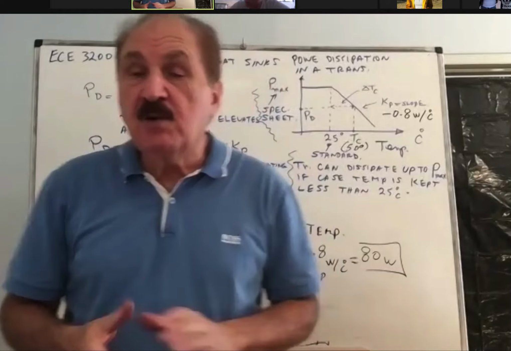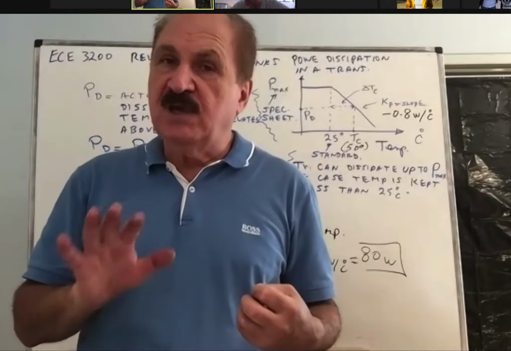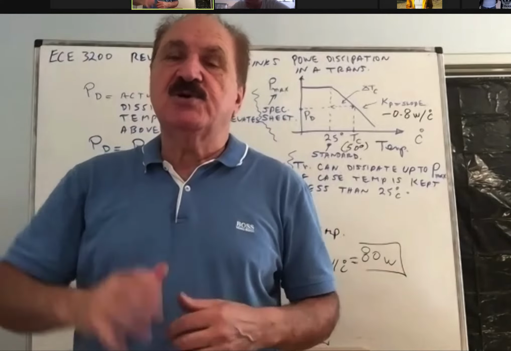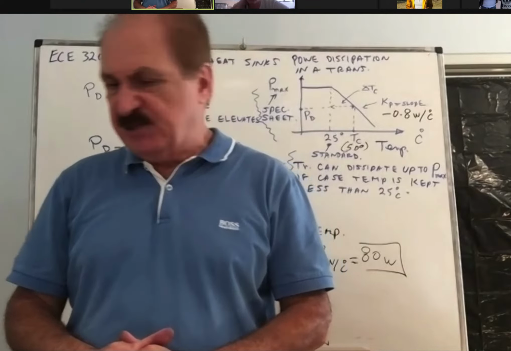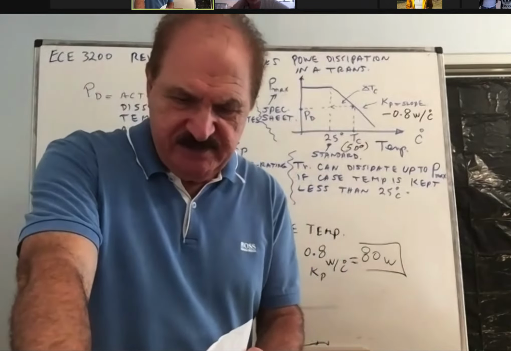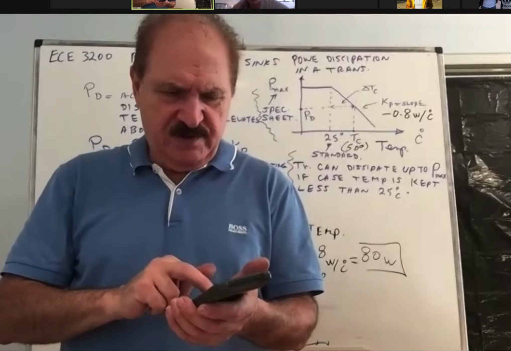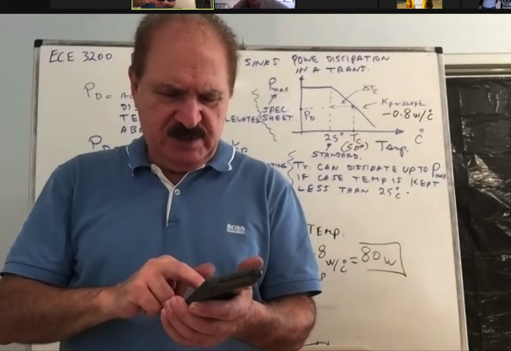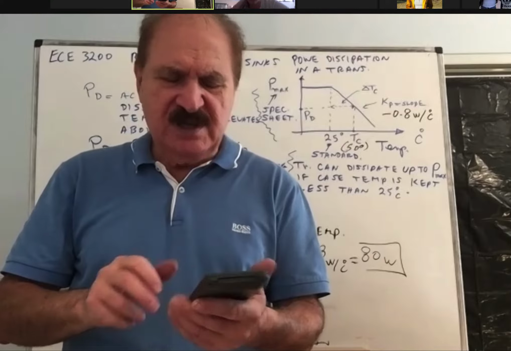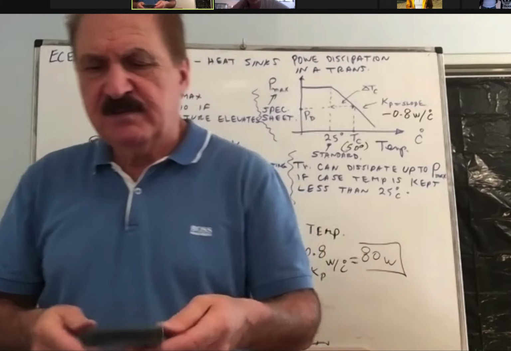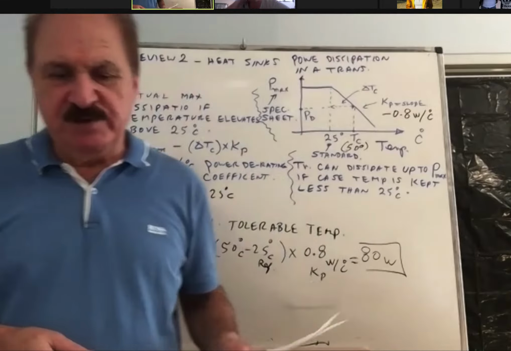This transistor can only stand 80 watt dissipation if the case temperature rises to 50 degrees Celsius. Let's see, how much is 50 degrees Celsius? 50 over 100 times 180 plus 32. That's 122 Fahrenheit. 122 Fahrenheit, almost half the boiling point.